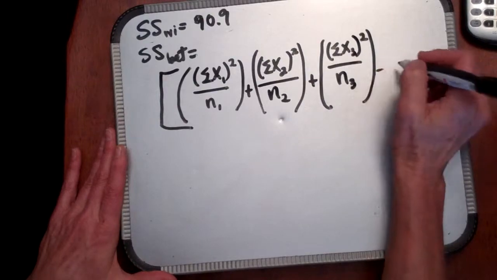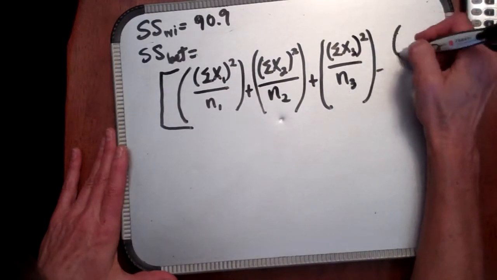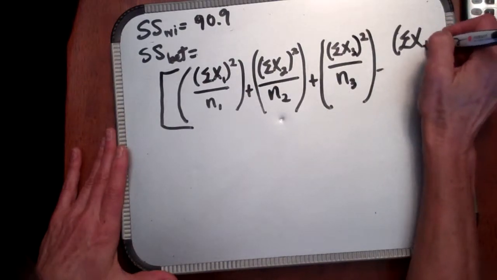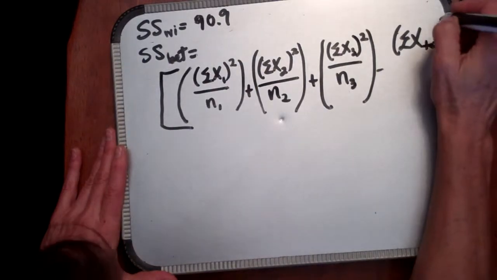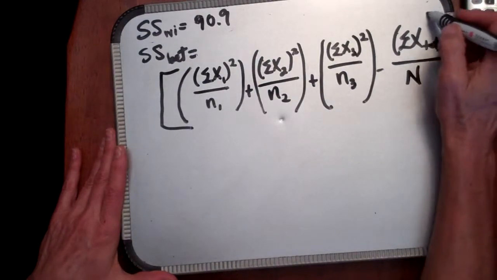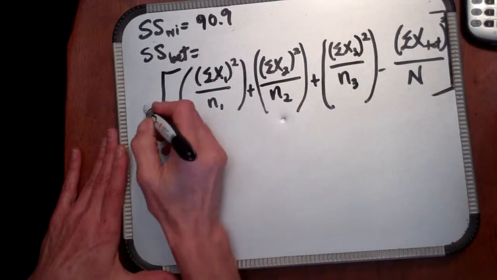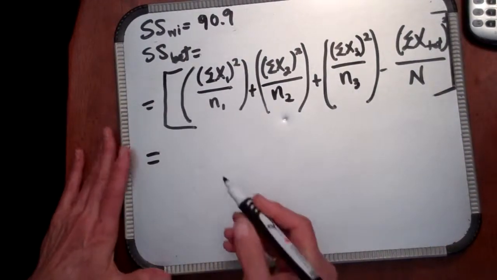And then from this we subtract the sum of the x's total, and the sum of the x's total squared divided by the total sample size. All right, so let's go ahead and calculate that through.